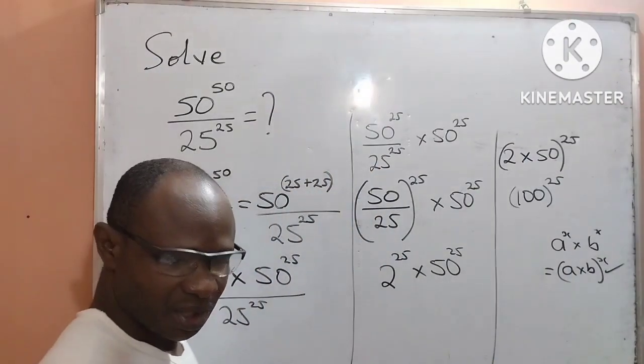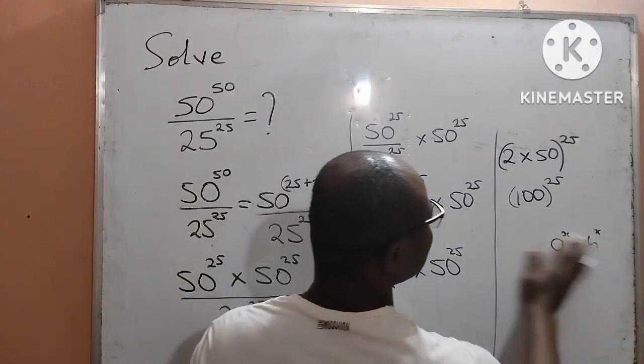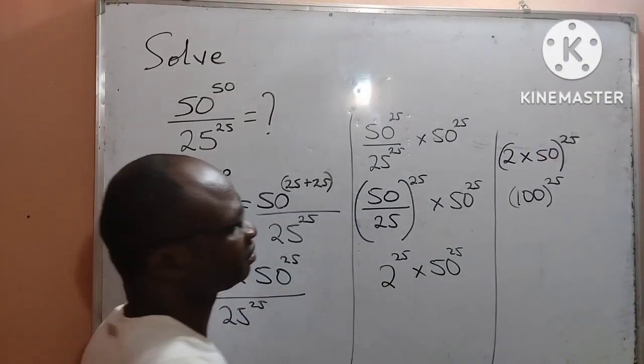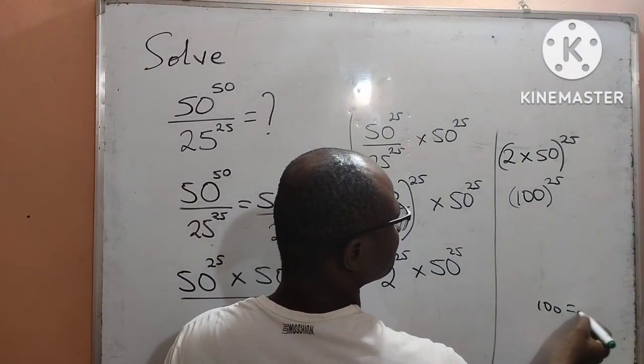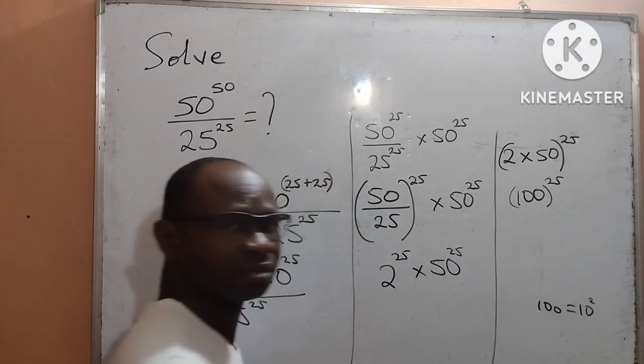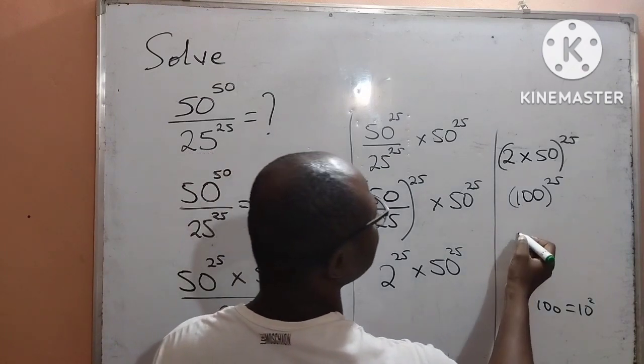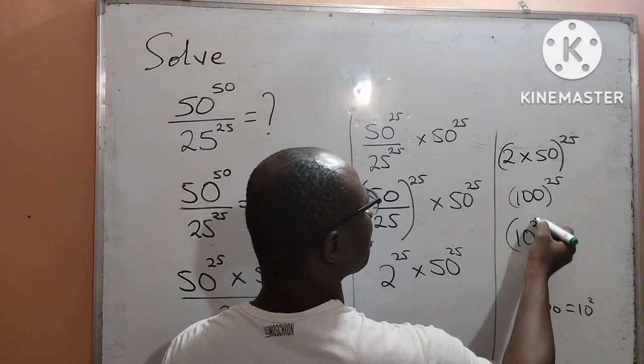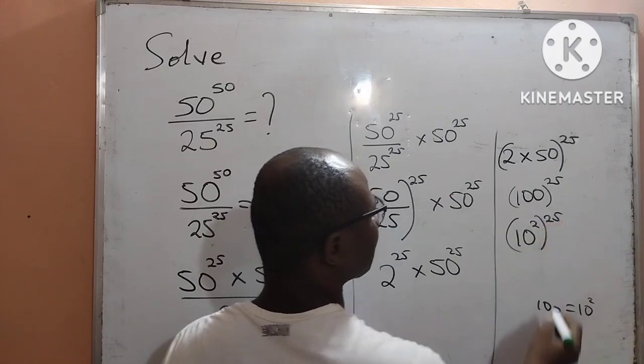But then, it is very easy to see that 100 can be written in index form. 100 is equal to 10 to the power of 2, implying that I can now write this 100 as 10 to the power of 2, all to the power of 25.